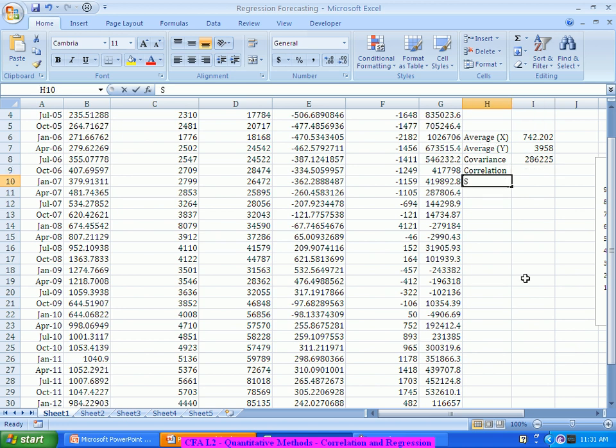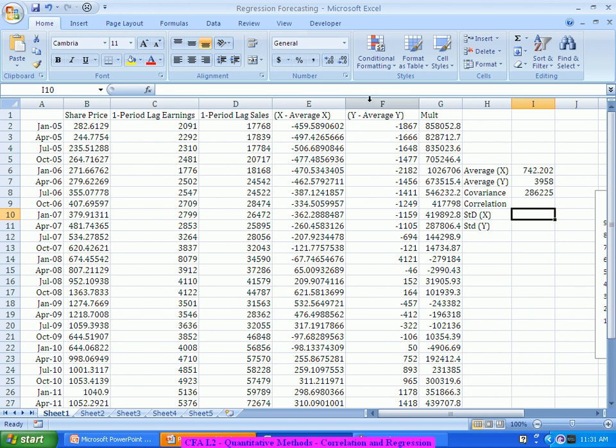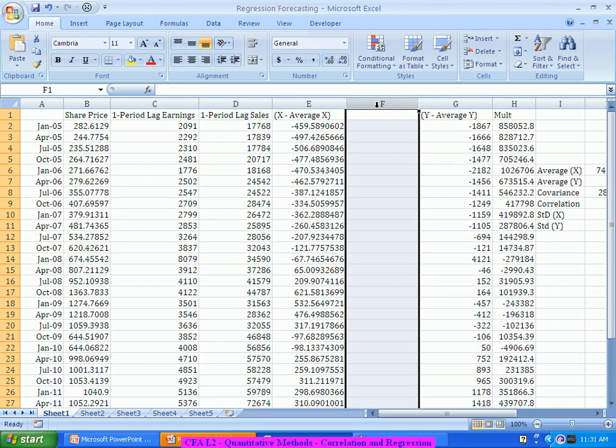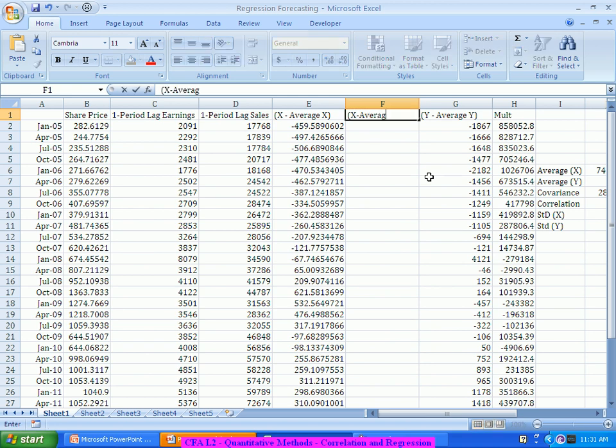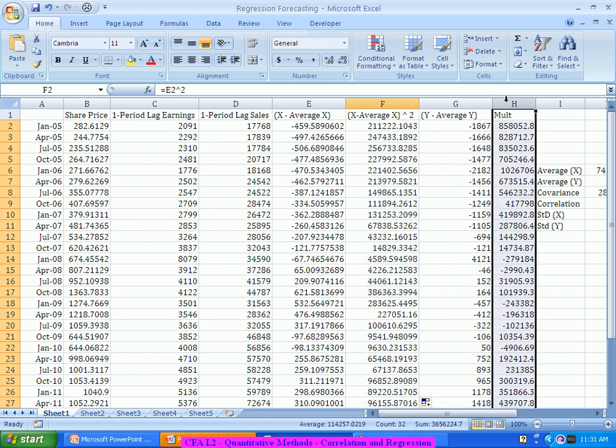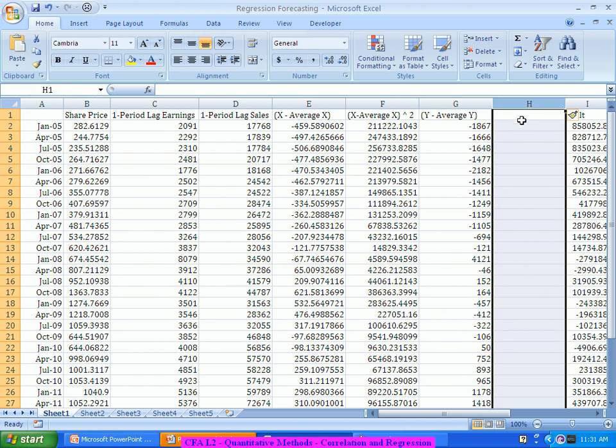Now when I am taking the standard deviation of x as well as of y, as a process, it is each x minus x bar, and I do the squaring, x minus x bar squared. Same way I do y minus y bar squared.